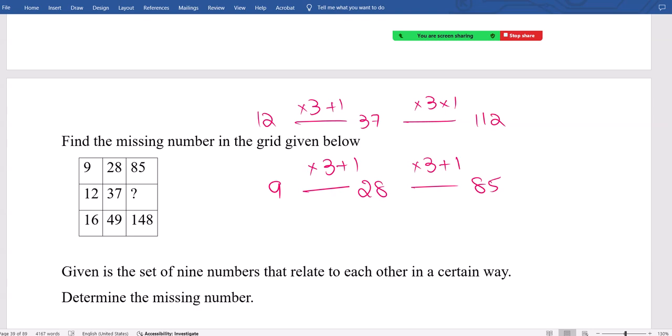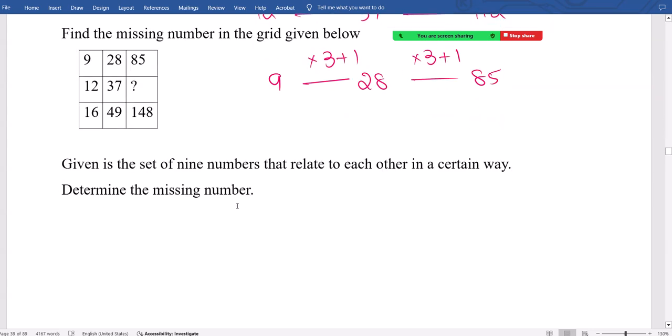Right. So let's have a discussion related to the next question.